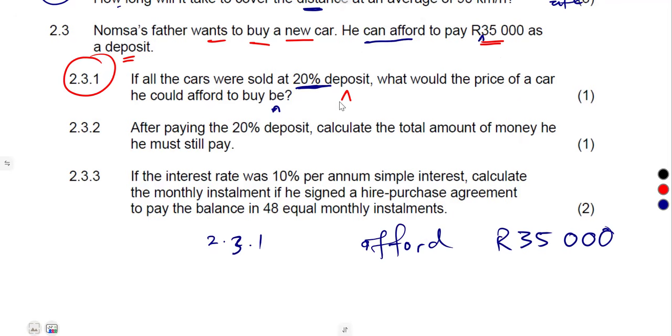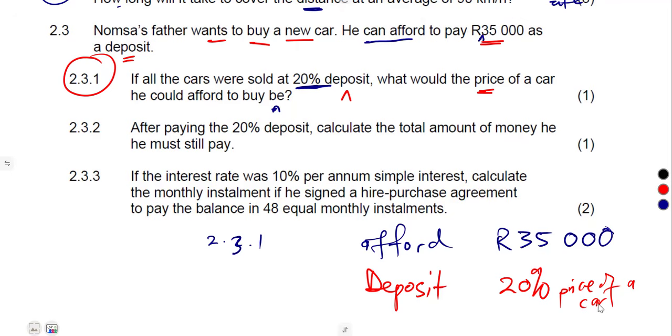Whatever car, they are saying 20%. So the deposit that is being offered is 20%. 20% of what? Of the original price of the car. It is 20% of the price of a car. So how much can he afford?